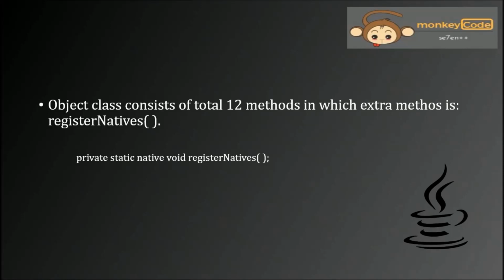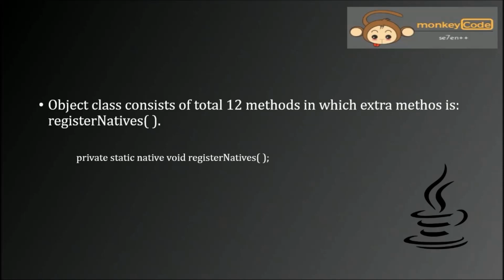This is very important. The Object class consists of a total of 12 methods, in which the extra method is registerNatives. Actually, whenever anyone asks how many methods are in the Object class, generally we say 11 methods. But actually one more method is there, and that is the extra method, the registerNatives method.